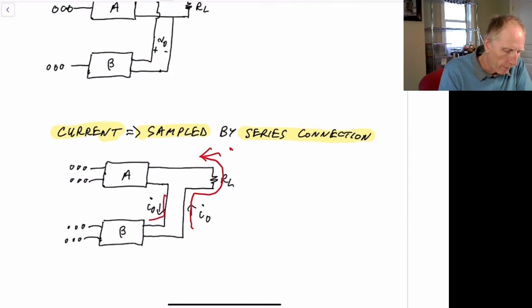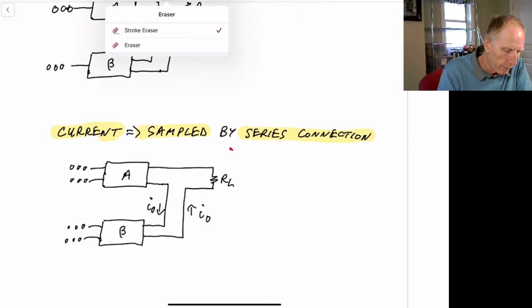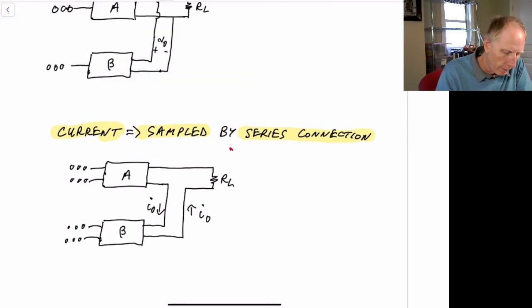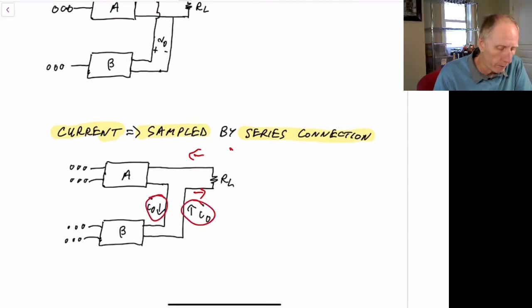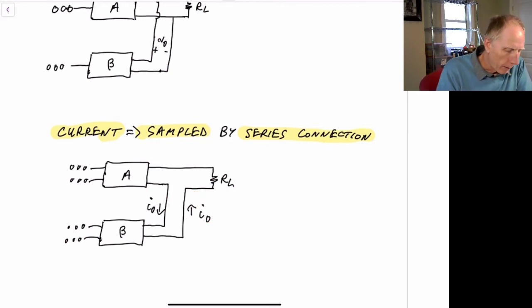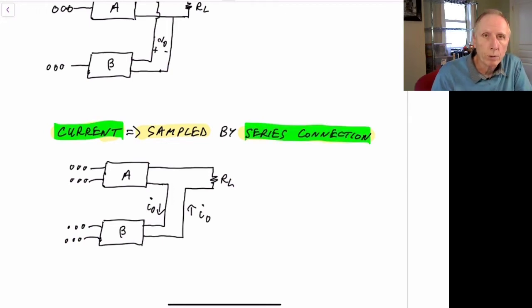So we know that we'll always have this current equal to this current, and we'll also have this current going into the beta network equal to the current coming out of the beta network here. So we need to sample our current, we need a series connection as opposed to a parallel shunt connection.